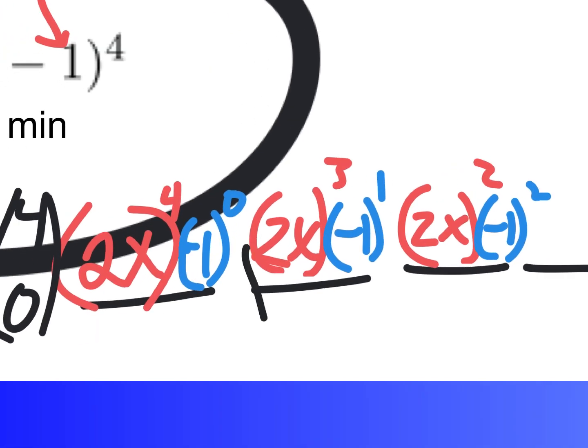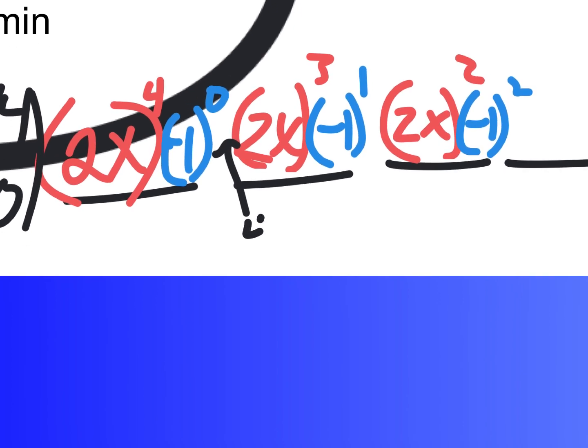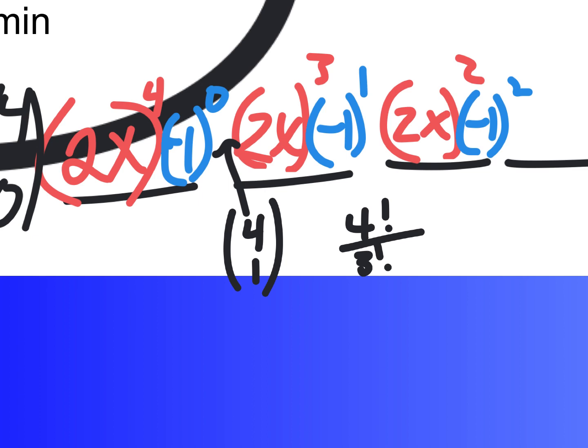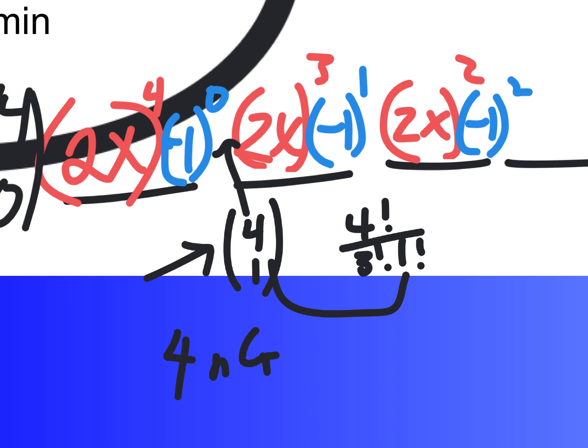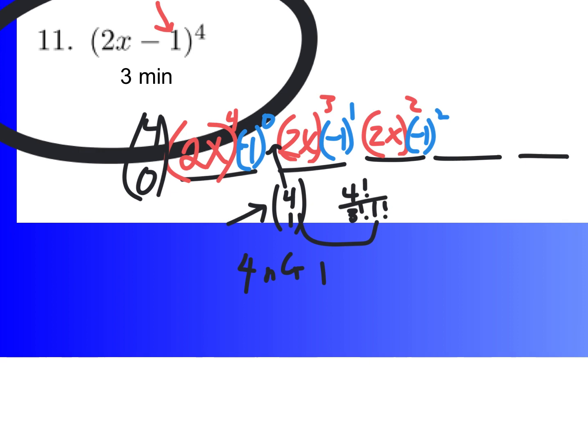This one here would have a 4 choose 1. I can do that in my head. 4 objects, pick them out one at a time. The answer is 4. But if you need to, you can do 4 factorial over 4 minus 1 is 3 factorial with an extra one of these. You can do it that way, or you can use a calculator for nCr 1. There's a review of everything that I've taught you.